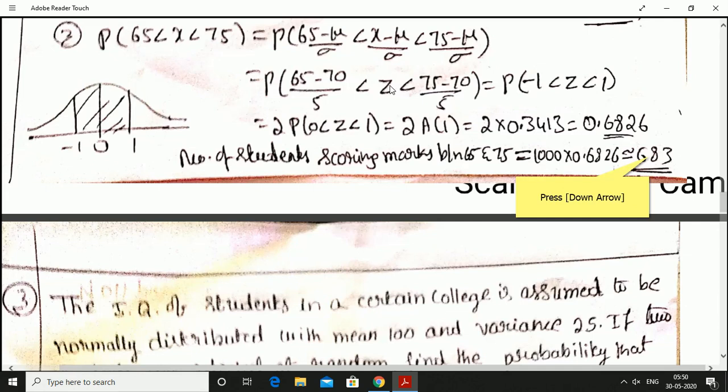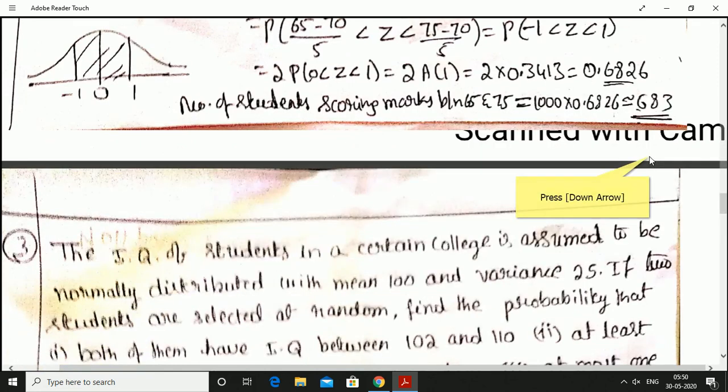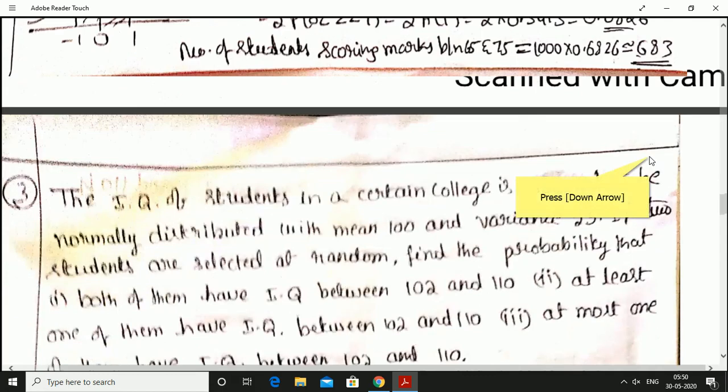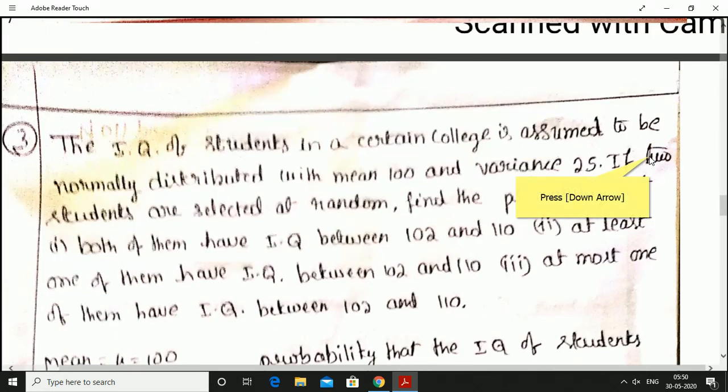Area from minus 1 to 0 is nothing but area from 0 to 1. So it becomes 2 times area from 0 to 1. 2 times A of 1, value from the table is 0.3413. It is 0.6826. So the number of students scoring marks between 65 and 75 is equal to 1000 into 0.6826, approximately equal to 683.